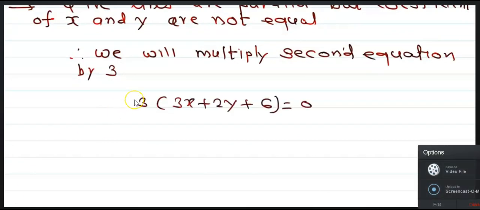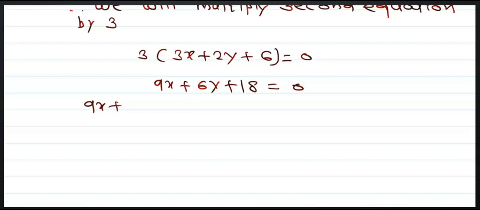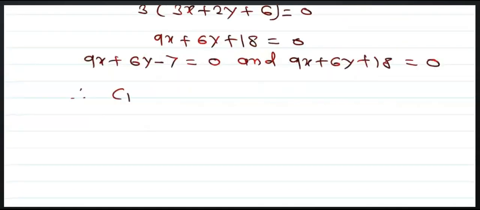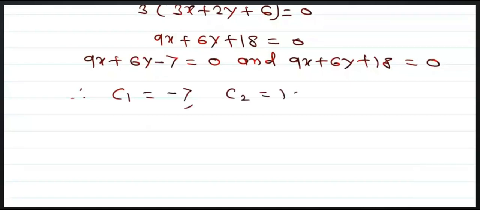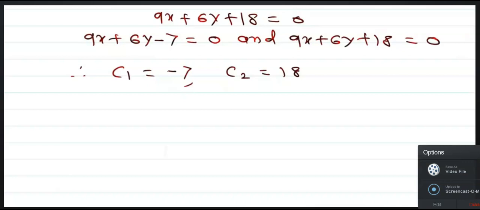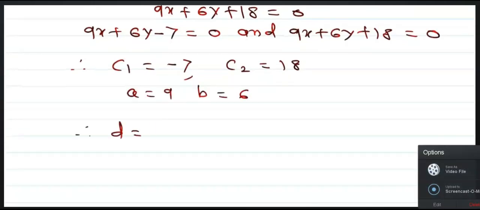Therefore, you will get 3 times (3x plus 2y plus 6) equals 0, that is 9x plus 6y plus 18 equals 0. So 9x plus 6y minus 7 equals 0 and 9x plus 6y plus 18 equals 0. Therefore, C1 is minus 7, C2 is 18. Therefore, A is 9, B is 6.